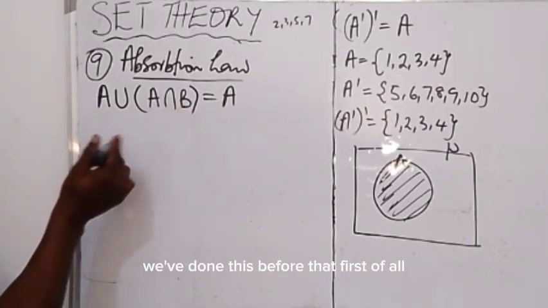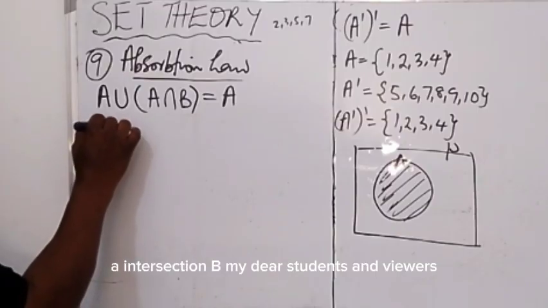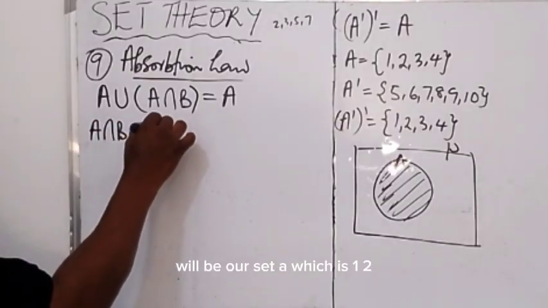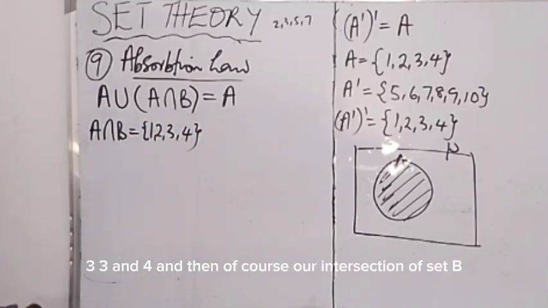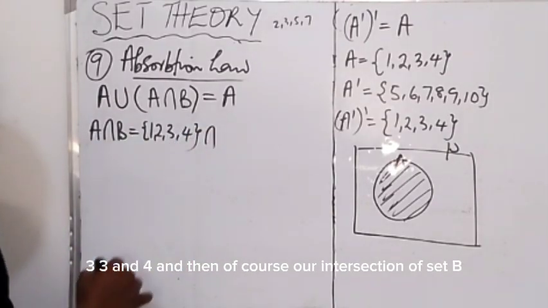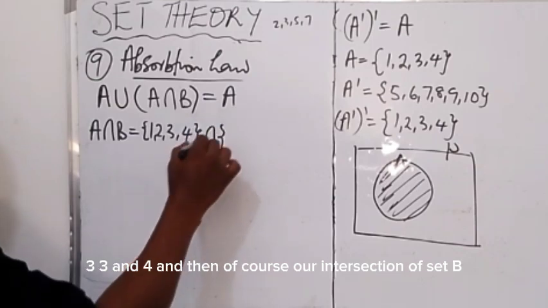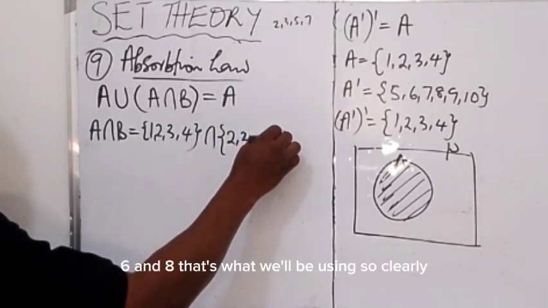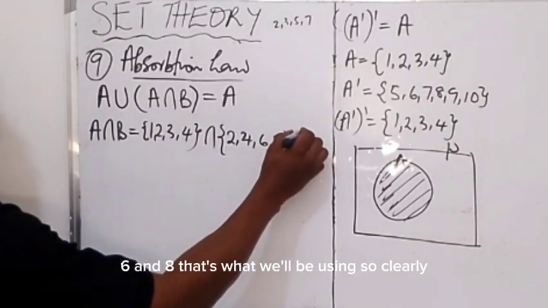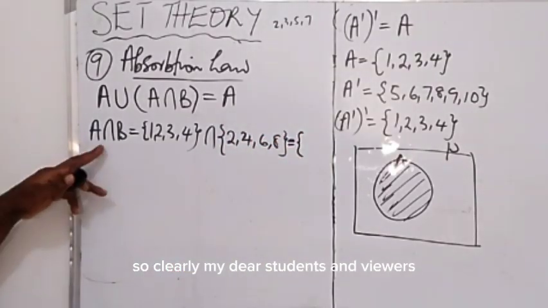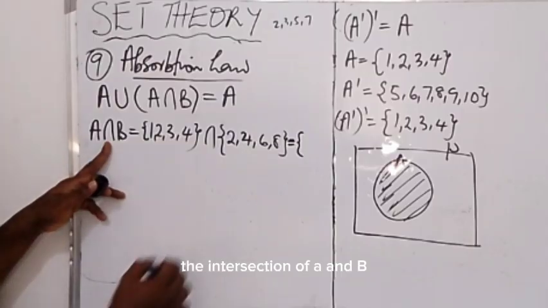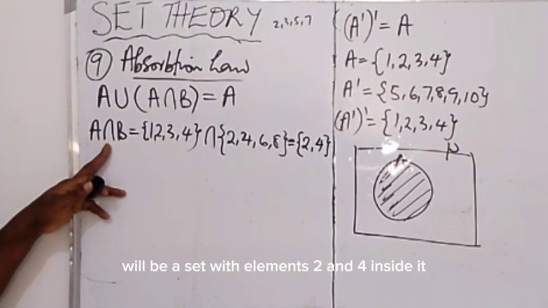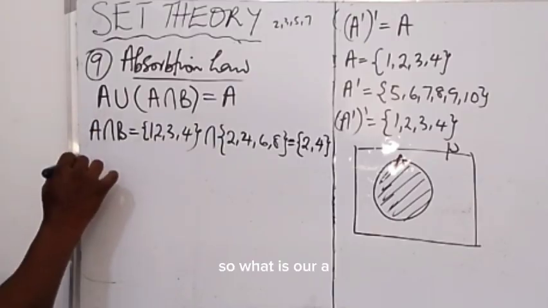We've done this before. First of all, A intersection B will be our set A, which is 1, 2, 3, and 4, and our set B is 2, 4, 6, and 8. So clearly, the intersection of A and B will be a set with elements 2 and 4 inside it. So what is our A?